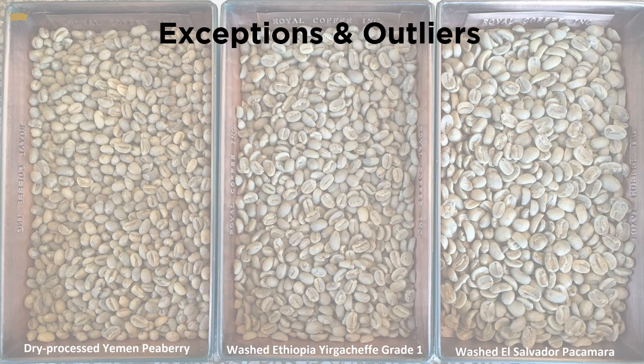Those sizing conventions, by and large, were created for bulked lots, for regional offerings, and the idea was that you could quickly identify, based on the size and sorting, what the quality tier would be. But for differentiated specialty from traceable producers, we see less need for that kind of size adherence. If you're able to cup the coffee and the quality of its taste can be vouched for, then the sizing convention seems to matter less.